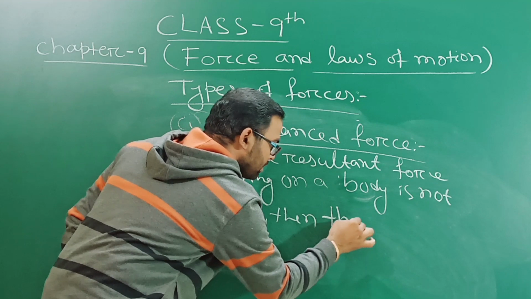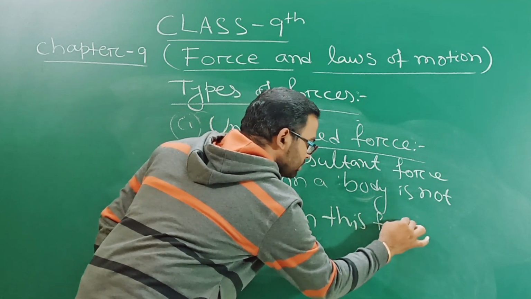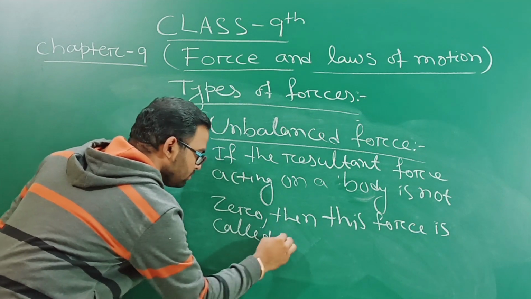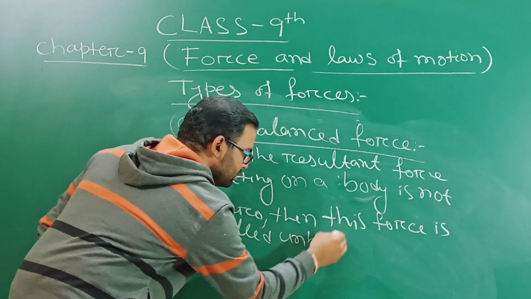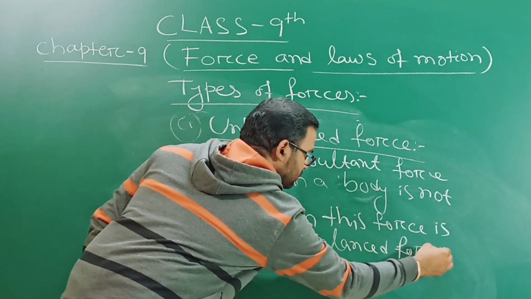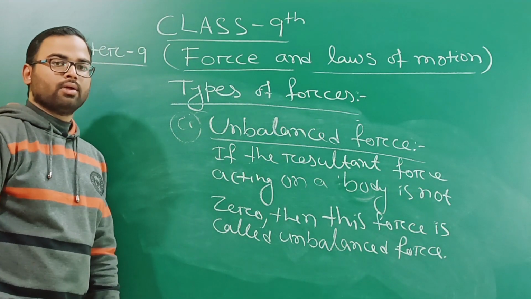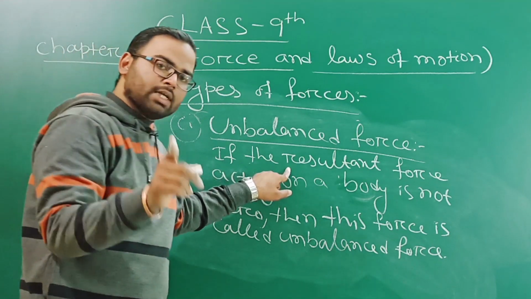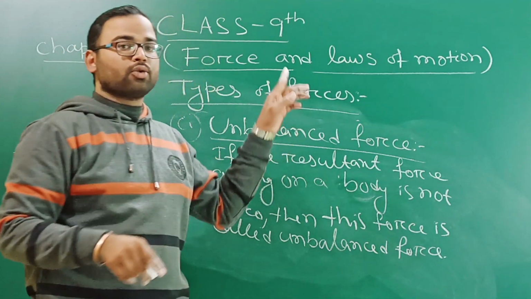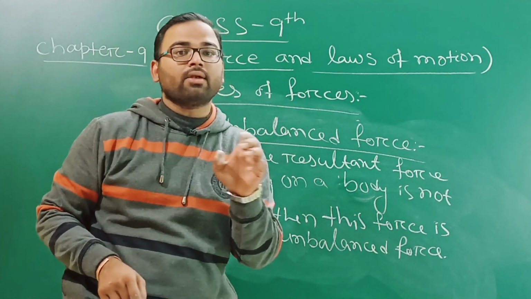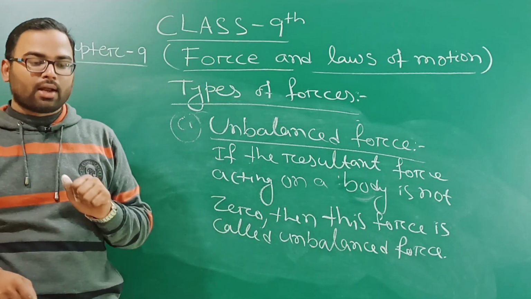Then this force is called unbalanced force. If the resultant force is zero, then that will be balanced force, and if the resultant force is not zero, then the force is called unbalanced force.